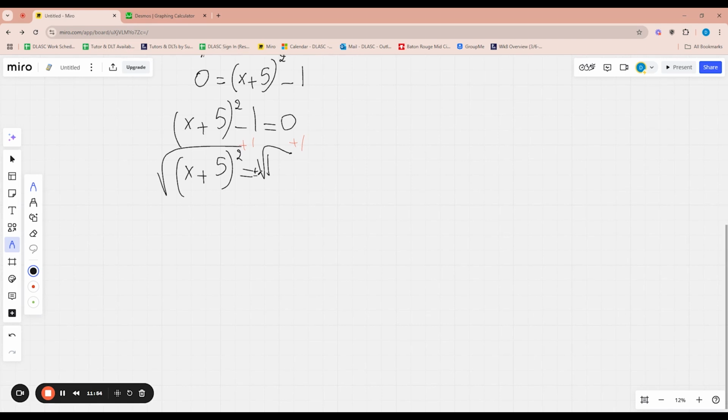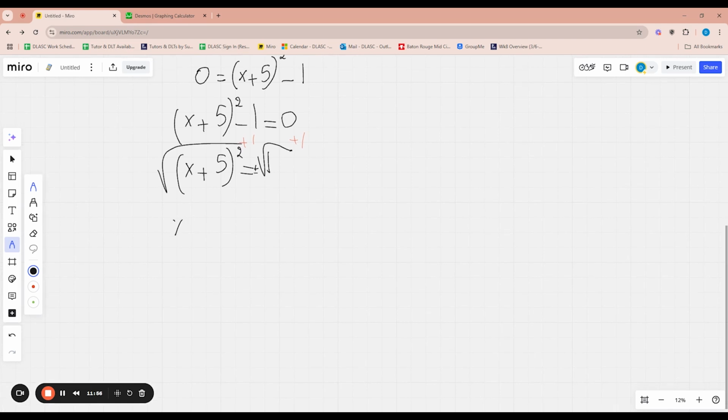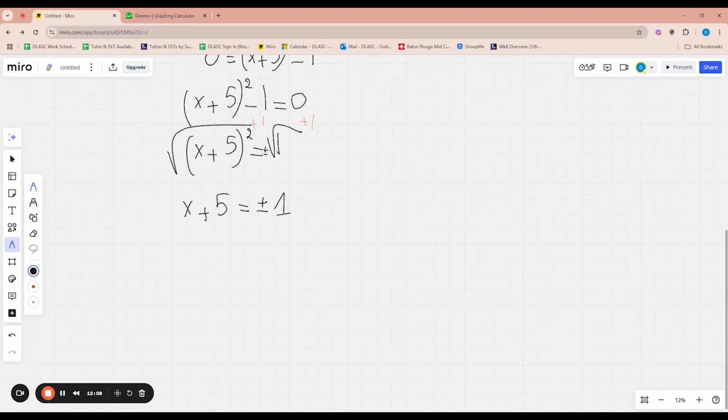Then take the square root of both sides, okay? So we're left with x + 5 = plus or minus 1. This equation gives us 2 solutions: x + 5 = 1 and x + 5 = -1.